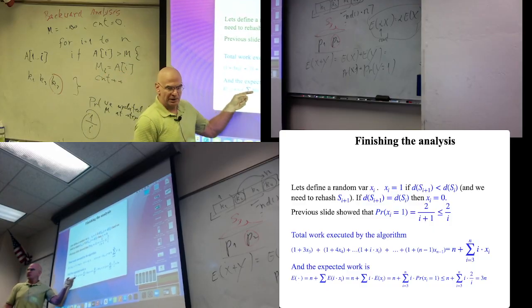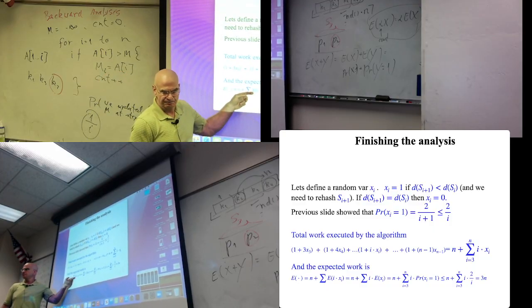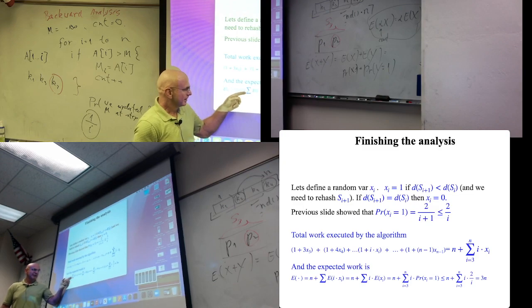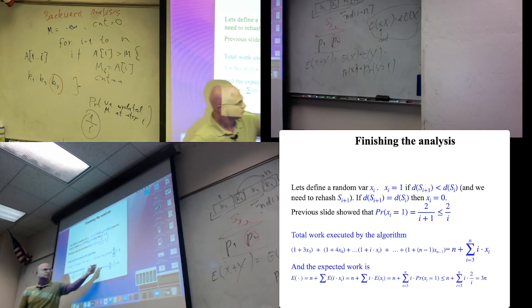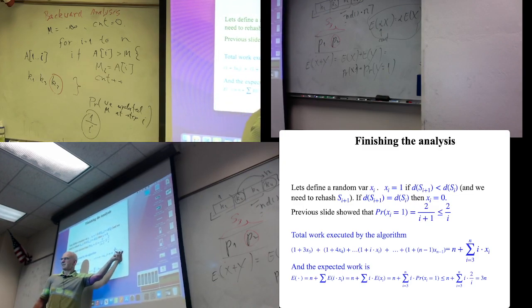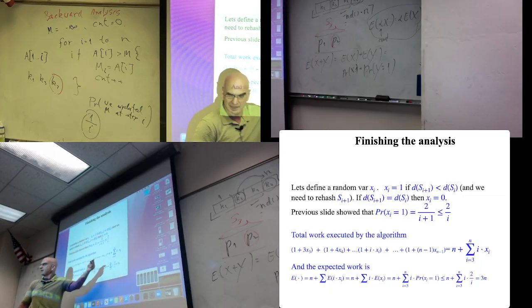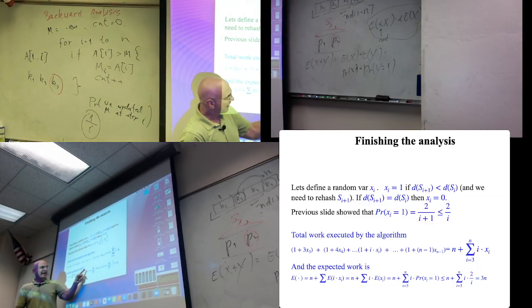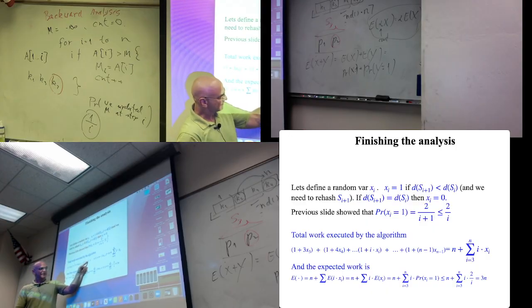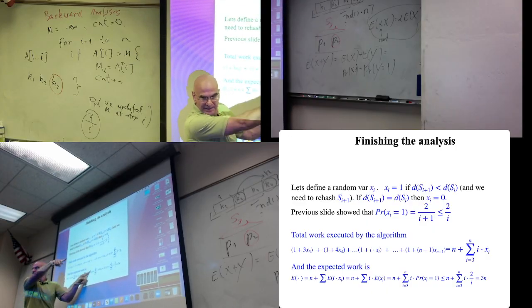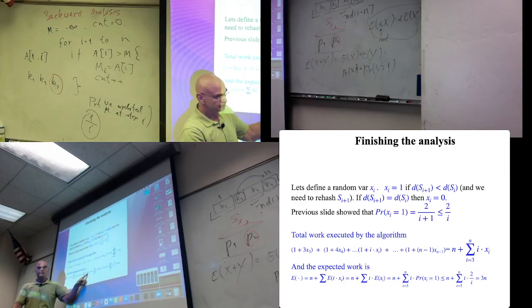Okay, so I want to know the expected work of the algorithm, which is n plus the E goes into the sigma. Expected value of a sum is the sum of the expectations. Then I have i times xi. I goes out of the expectation. I is the alpha that you see on the whiteboard.